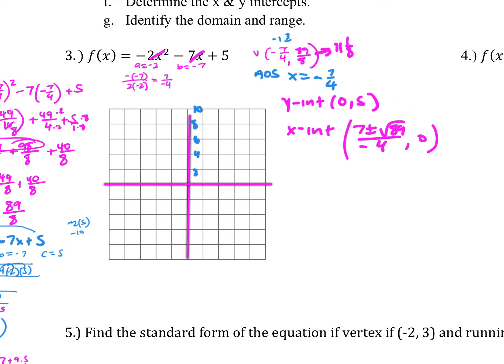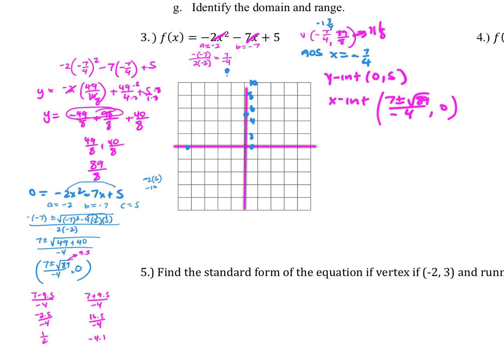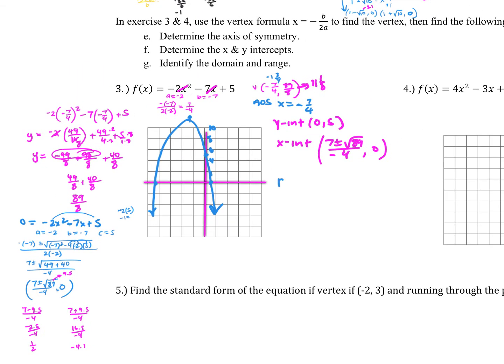Negative 1 3/4, and 11 and 1/8. 0, 5 for the y-intercept, and we said these are approximately 1/2 and negative 4.1. Domain, again, all real numbers, range, negative infinity to 89/8 with a bracket.